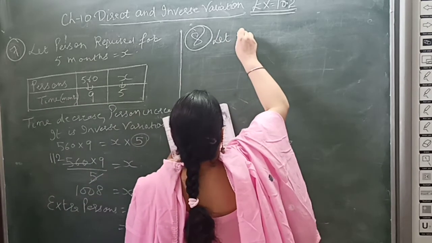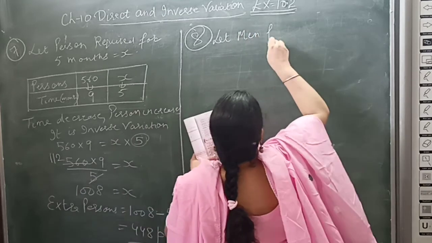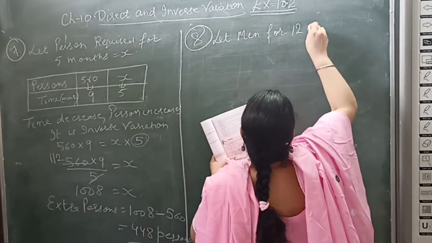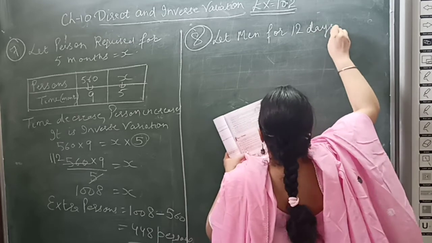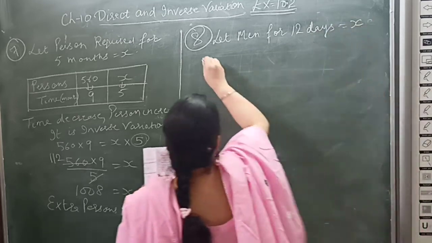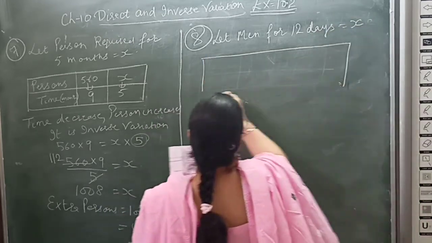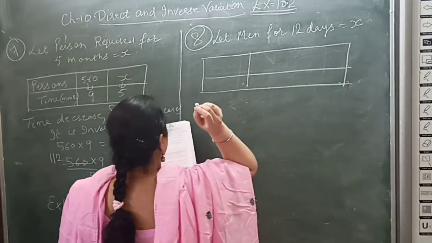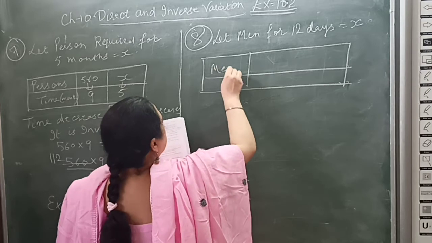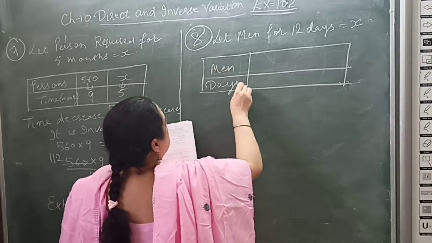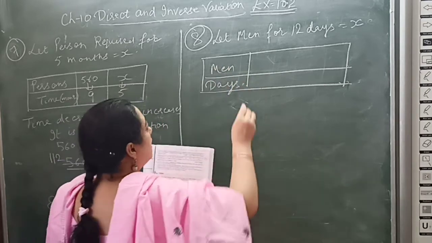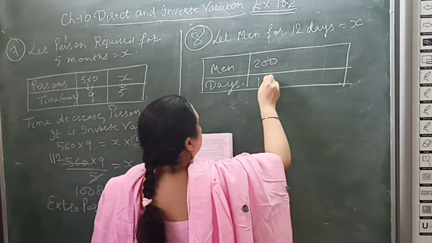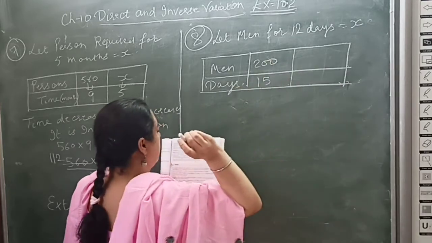Now again let us suppose men for 12 days is x. Now again make the table and write down in the first row the men and in the second row the days. First of all, we have 200 men and their food will be for 15 days.